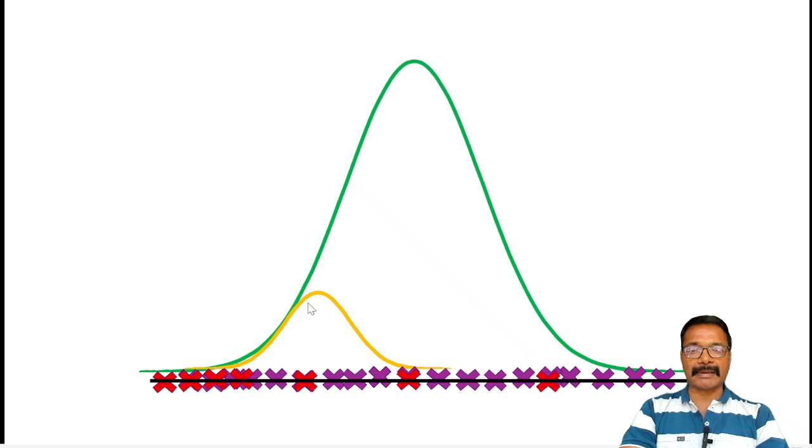Now this is a sample. So the yellow or orange graph we can see is the sample graph. At the initial stages when samples are few, it looks like this.